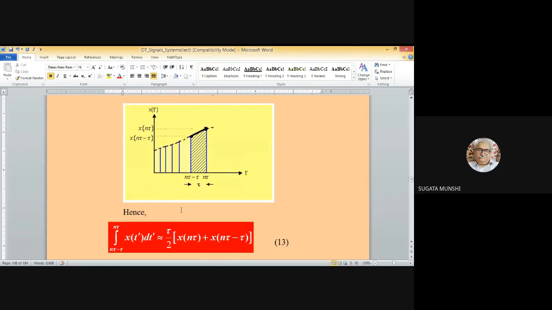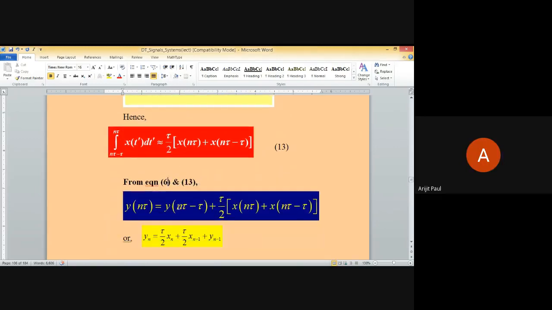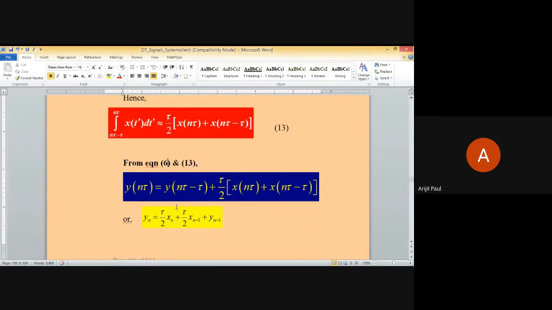So this is the final difference equation or difference relation, a difference equation relating the output and input sequences of a trapezoidal integrator.